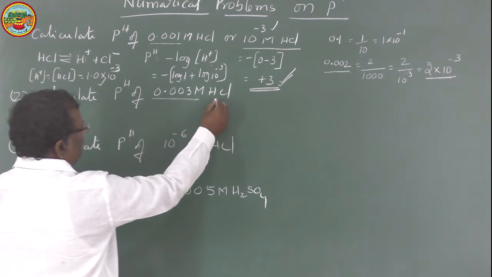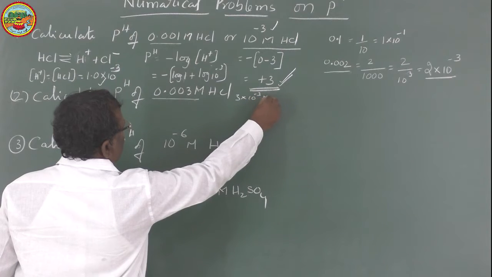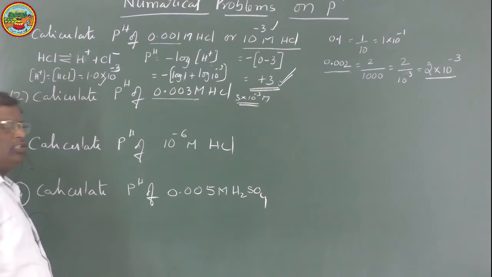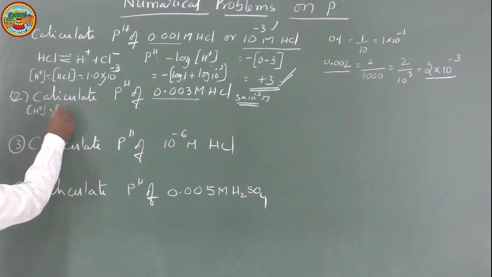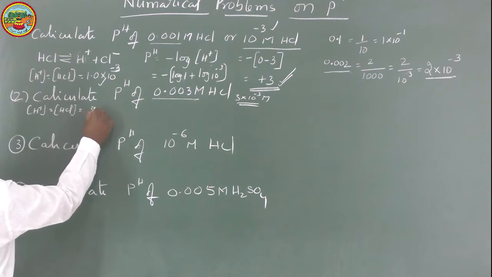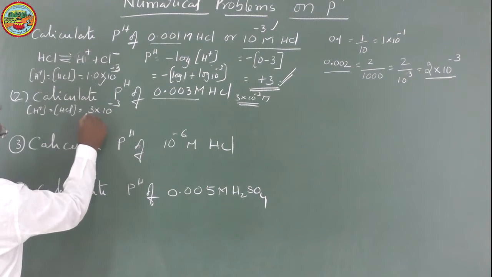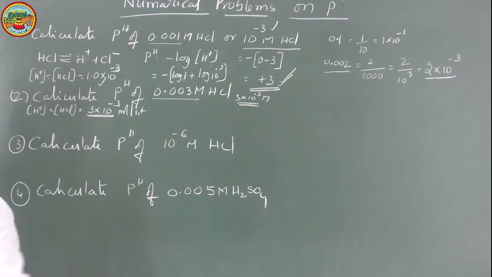So it is nothing but 3 into 10 to the power minus 3 moles. Since HCl is a strong acid, the H plus ion concentration will be equal to the acid concentration. Therefore, the concentration of H plus ions in this solution is equal to the concentration of HCl, that is 3 into 10 to the power minus 3 moles per liter.